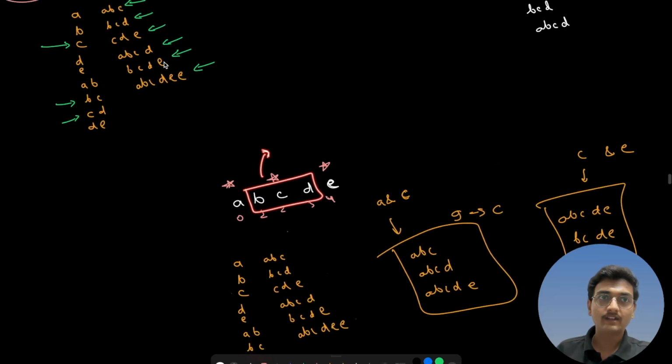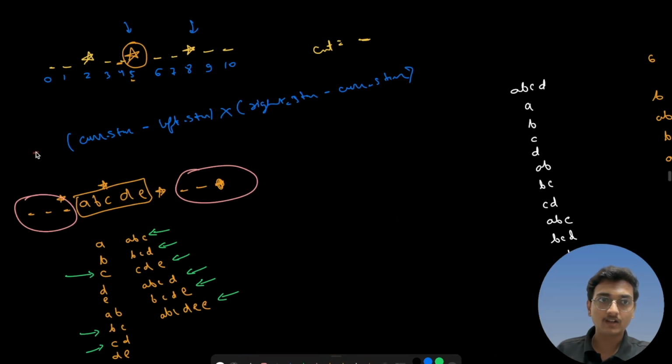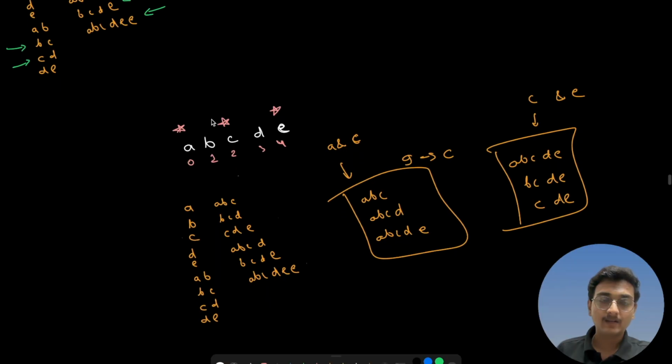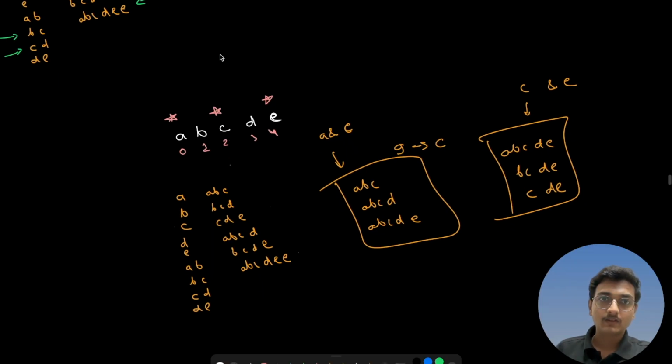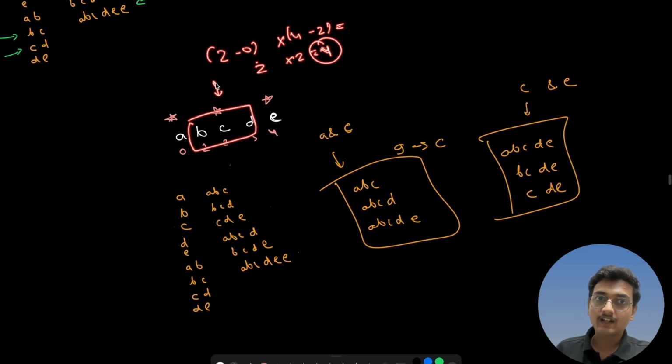According to this blue ink formula, let me write it down: 2 minus 0 into 4 minus 2. It gives me 2 into 2, which is 4. It's telling me that you only have 4 substrings which can contain only this. So this will not interfere, this will not interfere.